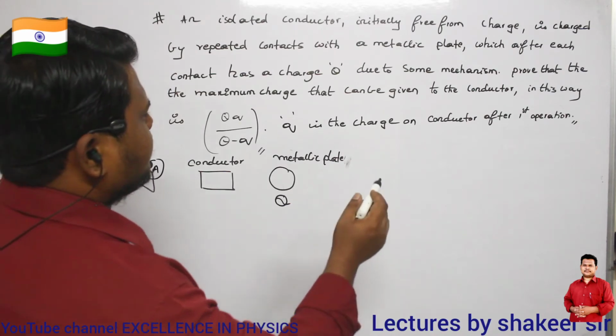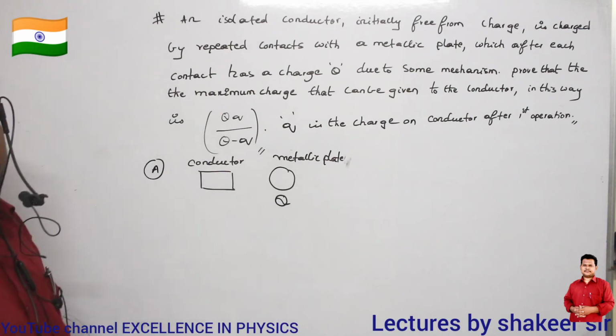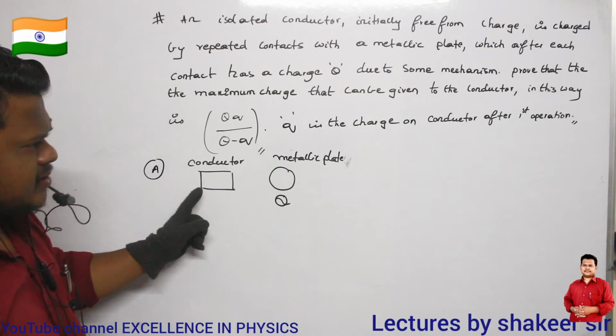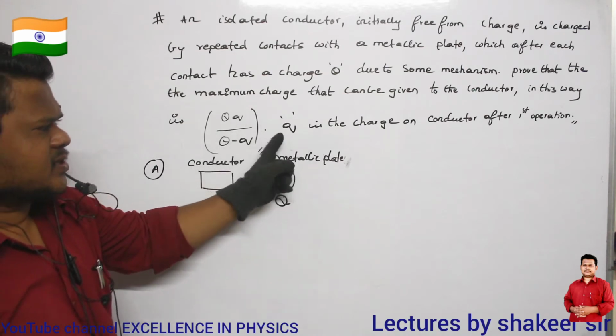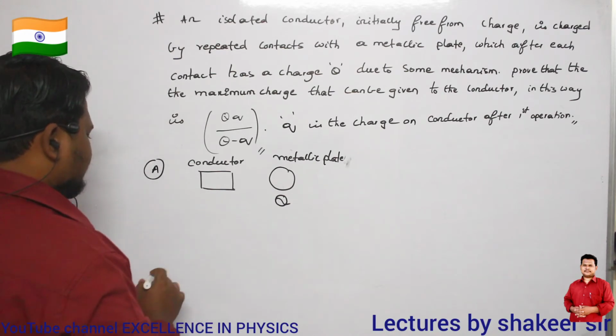So what he is saying, Q is the charge on the conductor after the first operation. What is meant by first operation? When I initially touch them and separate, this conductor obtains a charge Q. Clear? So therefore, we will write these points.